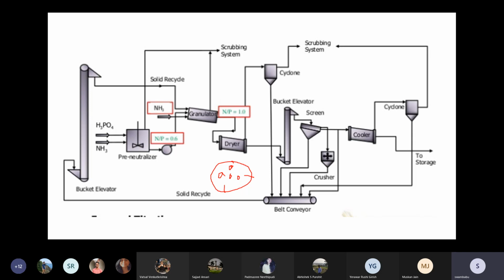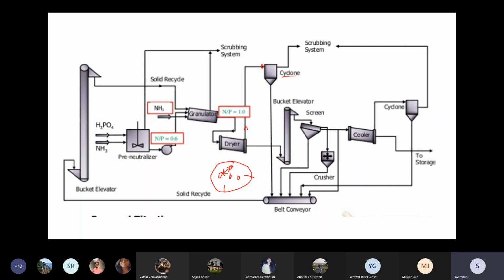But as the particles continuously go up and fall down, there is some attrition between particles, so very fine particles will be there. Those fine particles go along with the air. For fine particles and air, gas and solid, we can use a cyclone separator. The cyclone separator collects all the fine particles, and the air is sent back.